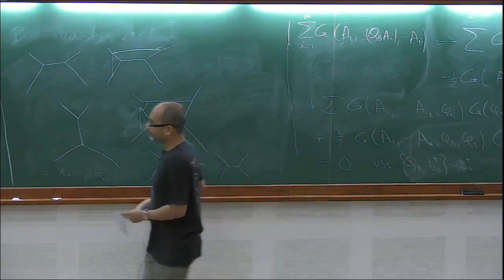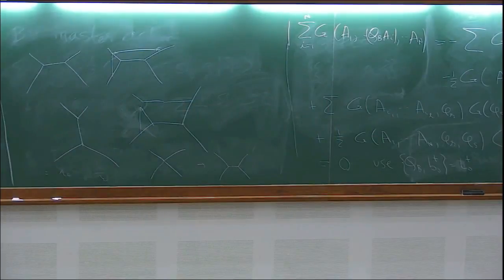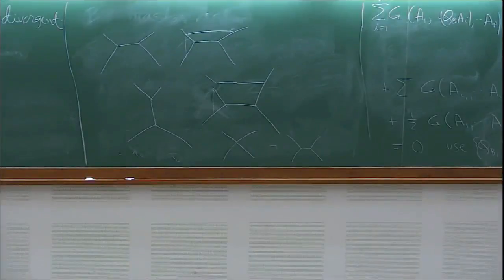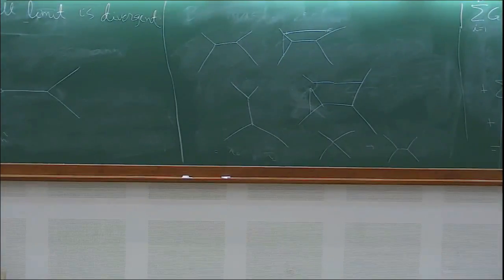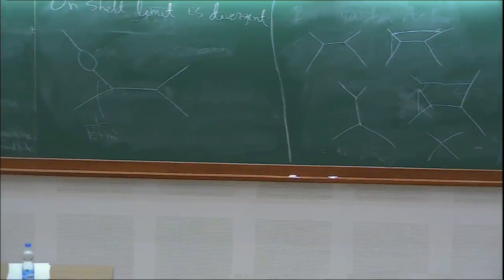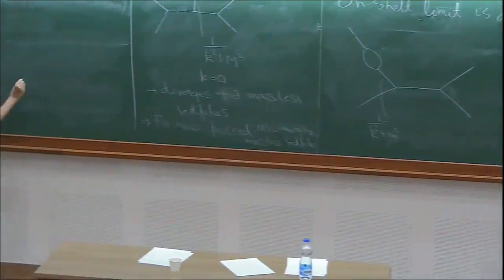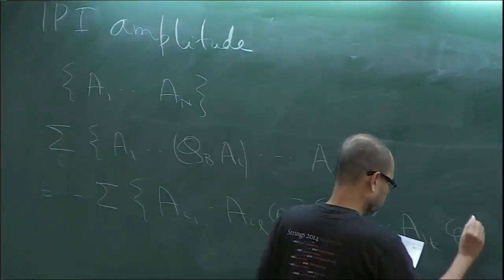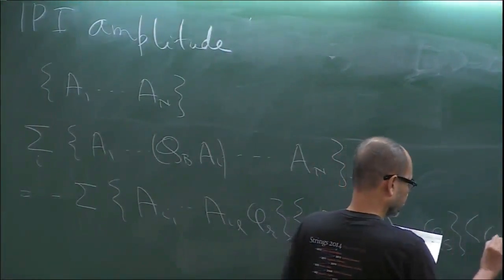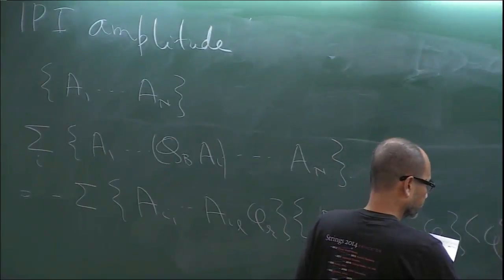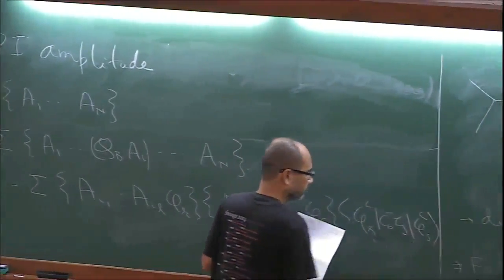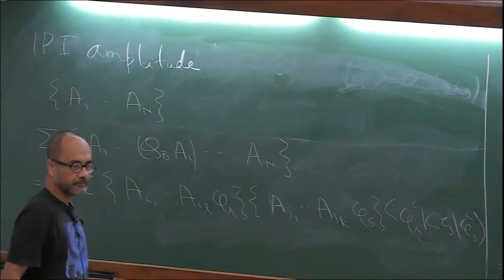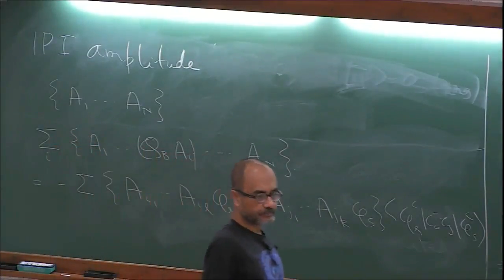So the identity that the 1 pi amplitude satisfies is simply minus... Is this clear?